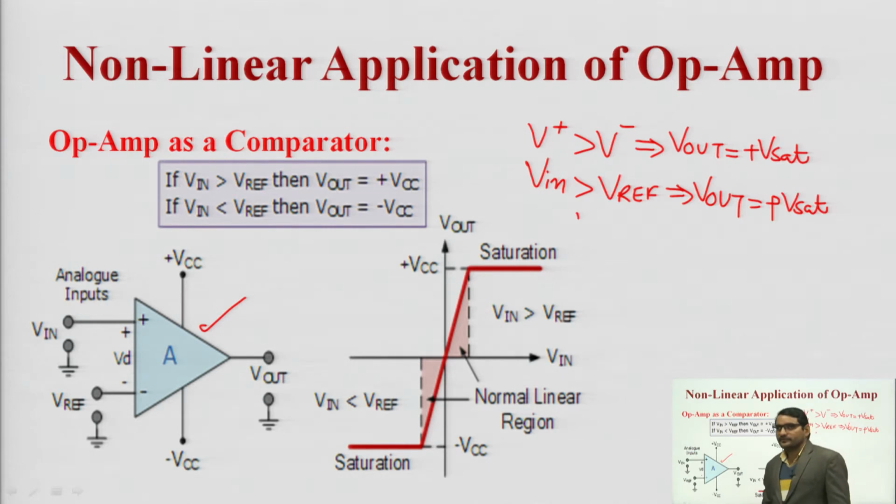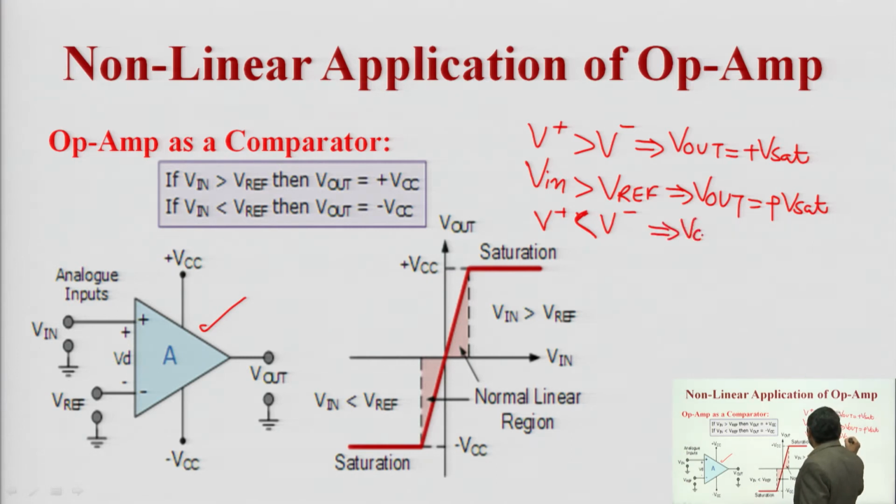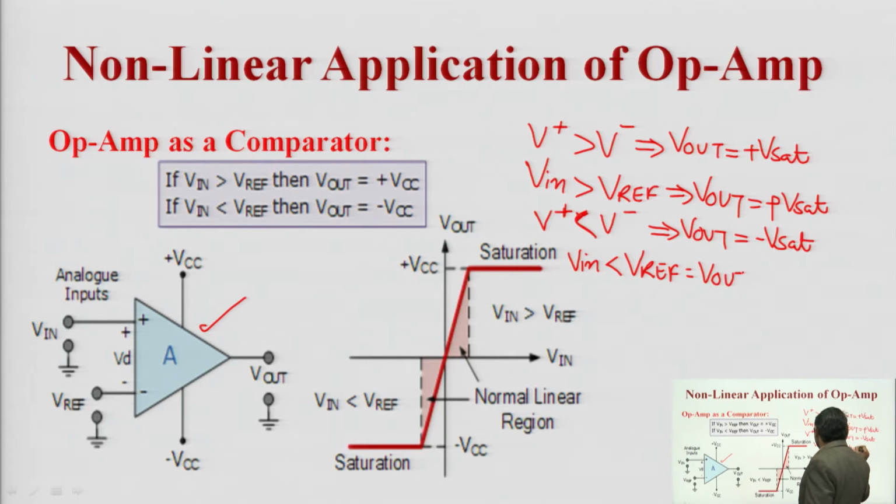okay, plus Vsat. And in a similar way, if V plus is less than V minus, then V out will be minus Vsat. That is, if V in is less than V reference, then V out equals minus Vsat.